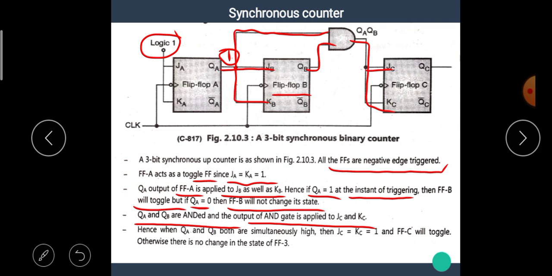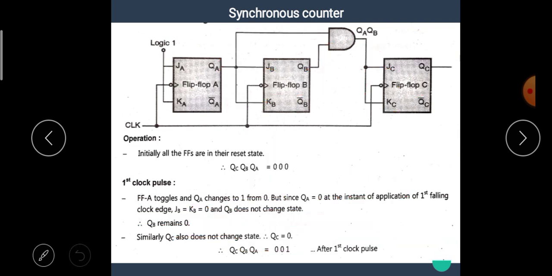Hence, when QA and QB both have the value 1, then JC and KC become 1 and flip-flop C will toggle. Otherwise, there is no change in the state of flip-flop C. Okay. Now, let's see the operation of the synchronous up counter.